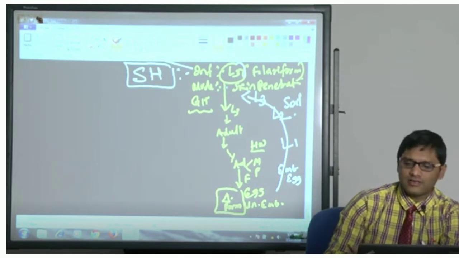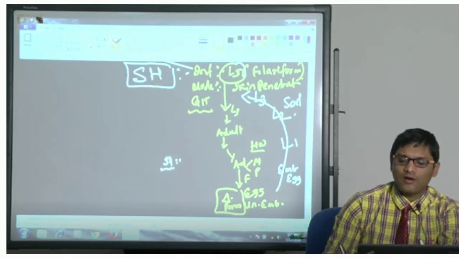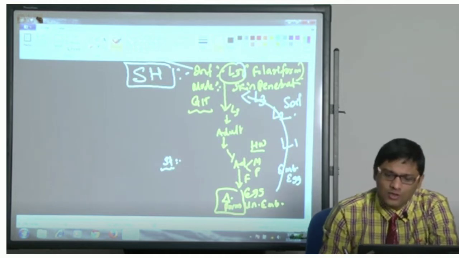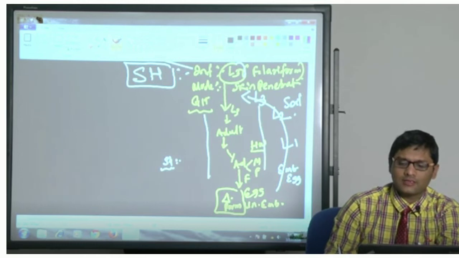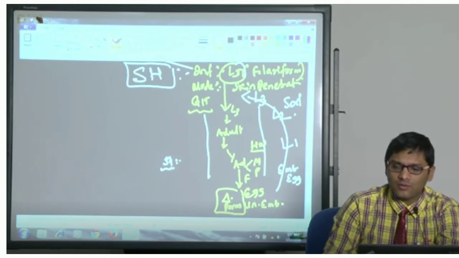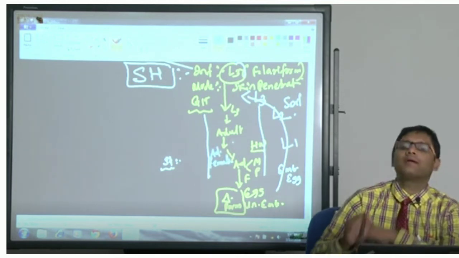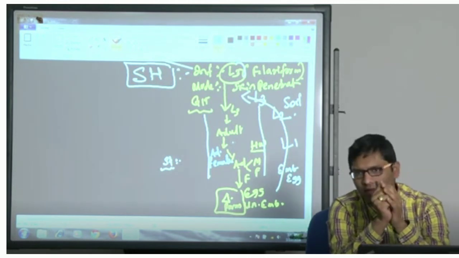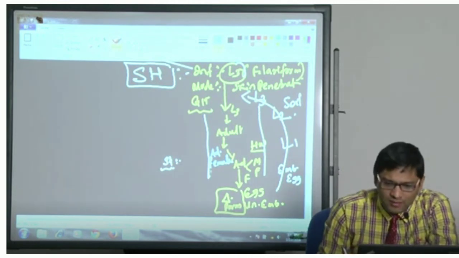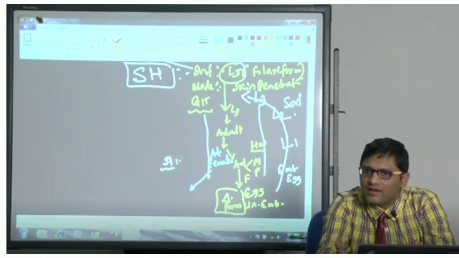In contrast, in Strongyloides, in the human intestine, only adult females will be there. Adult males do not exist in the human intestine. If there is only female, then there is no fertilization, and so no egg.